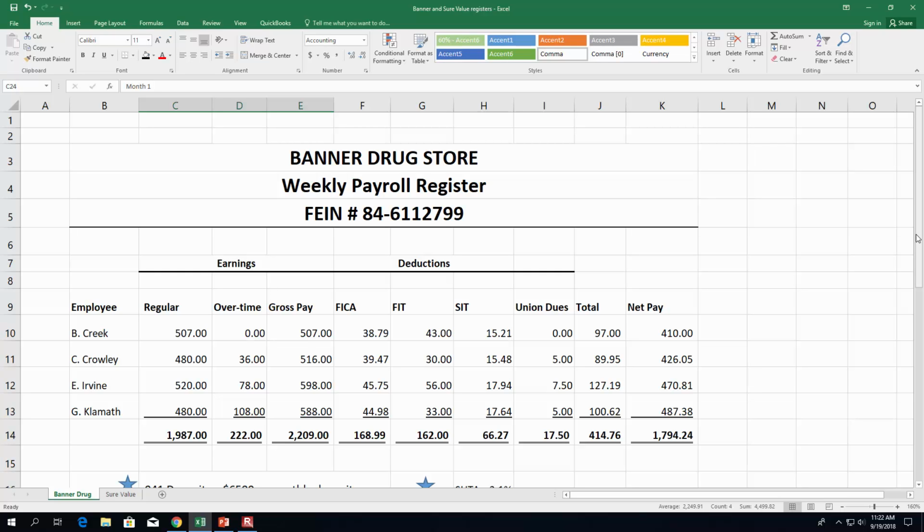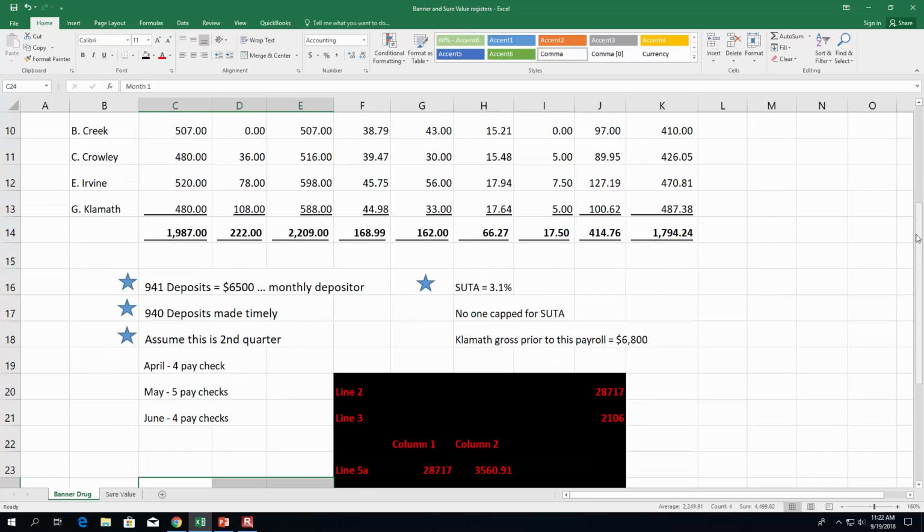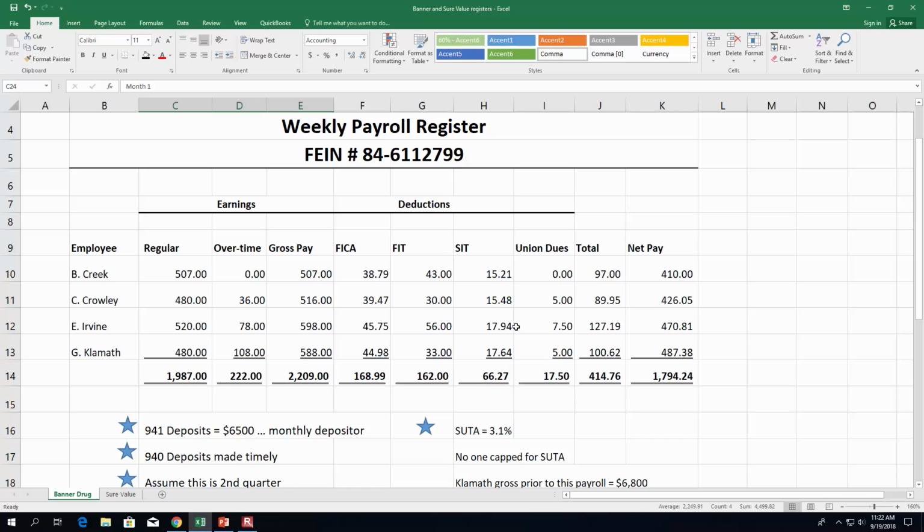No, it's 13 every time. 52 weeks in a year, divided by 4, yes, 13. Okay, 13 paychecks, right? Because there's 52 weeks in a year, 4 quarters in a year, 52 divided by 4 is 13.